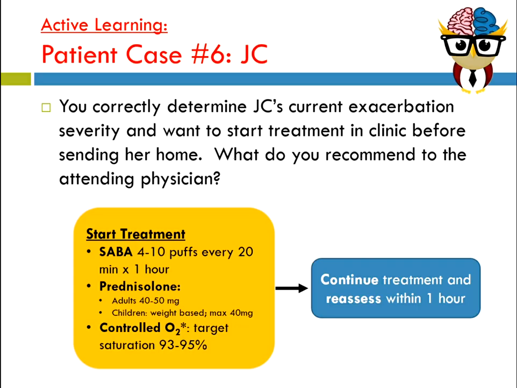I have a question. If a patient comes in and you get the O2 sat and it's less than 90, it's considered an emergency and you have to treat right away. Correct. We want to take the worst of the vitals and treat for that.